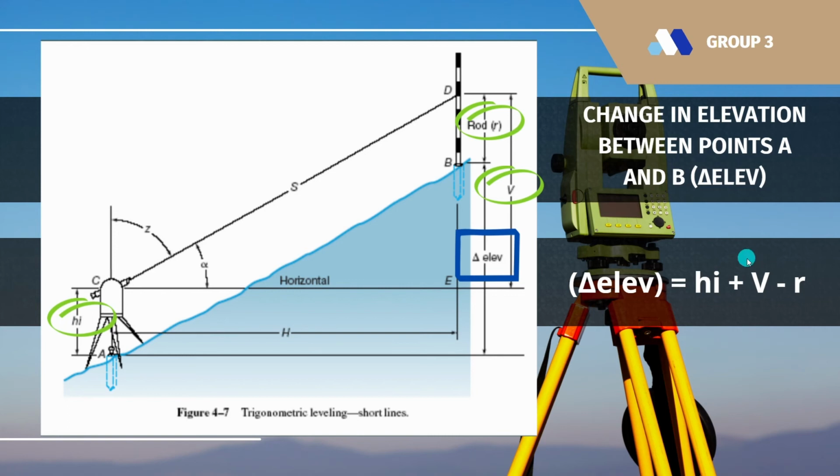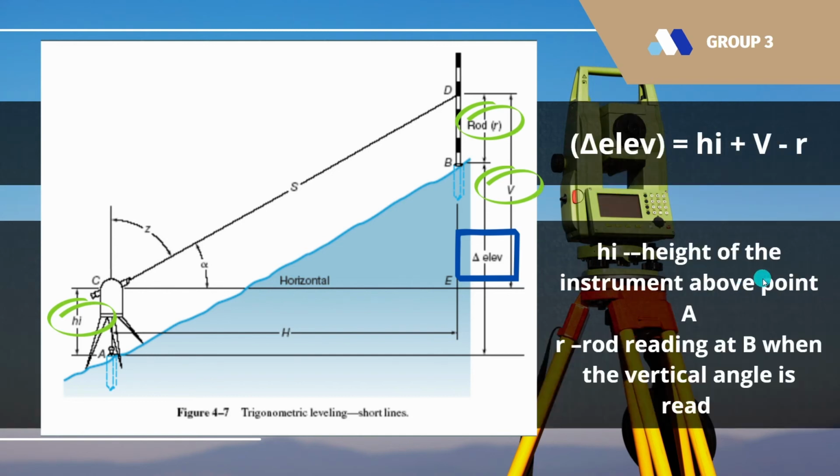Our goal is to determine the change or difference in elevation, which is given by the formula: change in elevation equals HI plus V minus R, where HI is the height of the instrument above point A and R is the rod reading at B when the vertical angle is read.